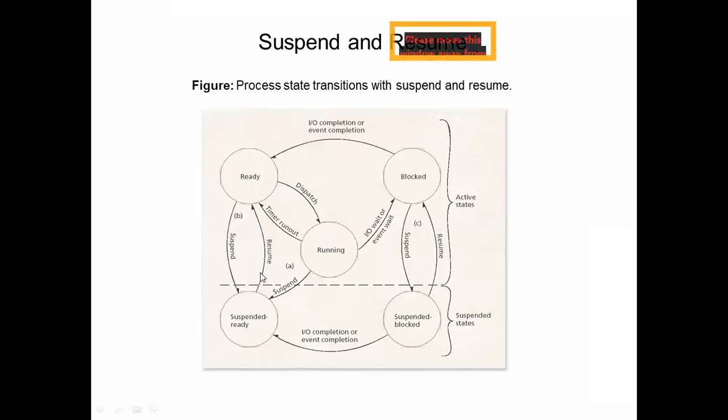This is the preceding diagram, and here it contains more states: blocked, suspended blocked, suspended ready. From the ready state, the process is dispatched to the running state, and a fixed time slot is provided. If the time slot finishes, it will again come back to the ready state.